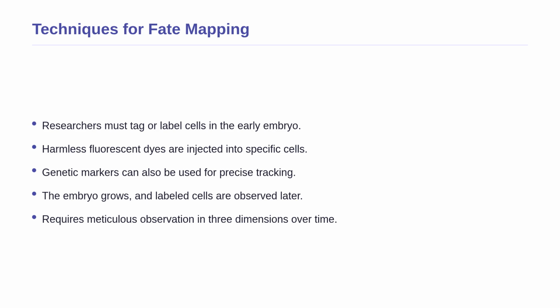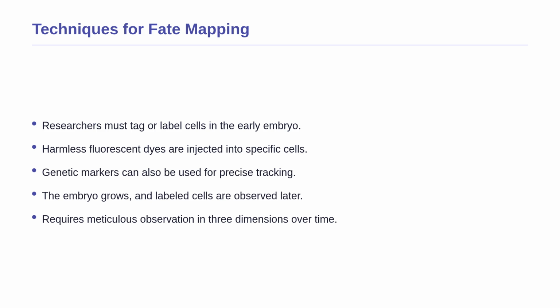Understanding what a fate map is leads us to ask, how do we actually create one? To create these maps, researchers use various clever techniques to tag or label cells in the early embryo. One common method is injecting them with harmless fluorescent dyes, while another involves using genetic markers. Once the cells are tagged, scientists let the embryo grow and observe where those labeled cells end up in the mature organism.